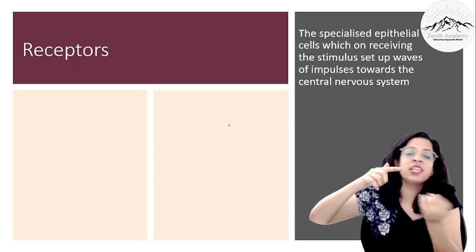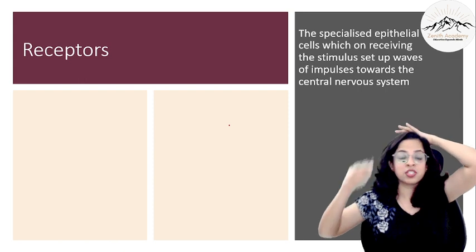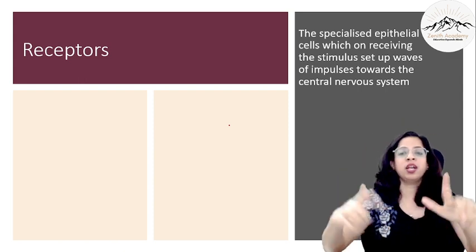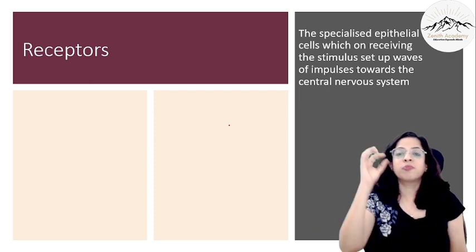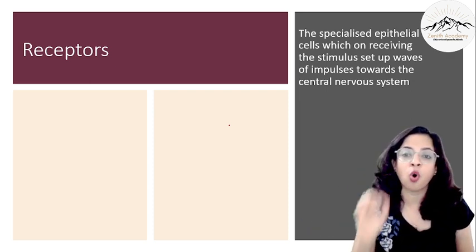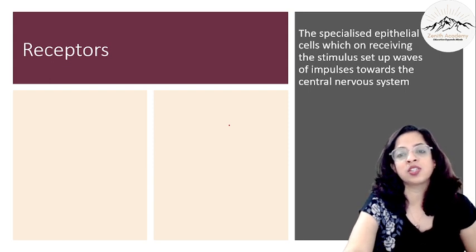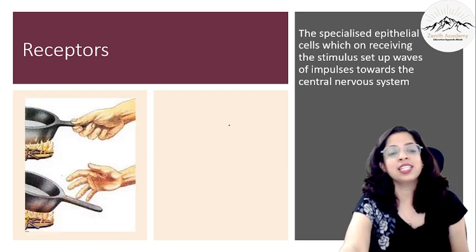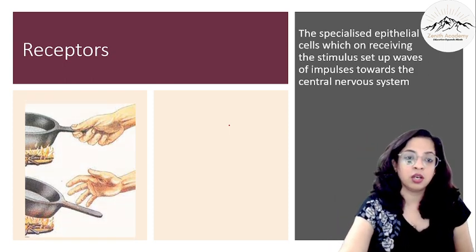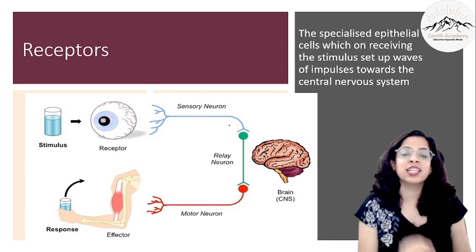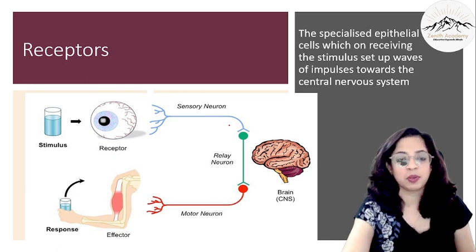They have received the stimulus, and they have set up the waves of impulse towards the central nervous system, and then you get the message to withdraw your hand. So in this case, the epithelial cells of your hand are the receptors. And in this case the epithelial cells of your eyes are the receptors.